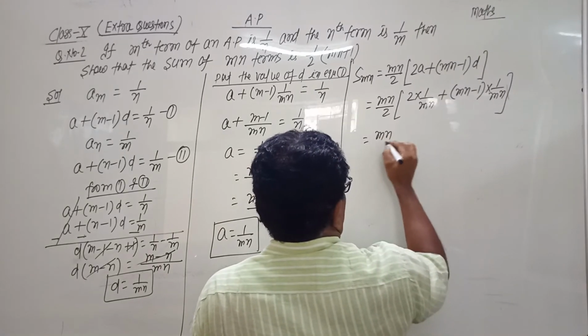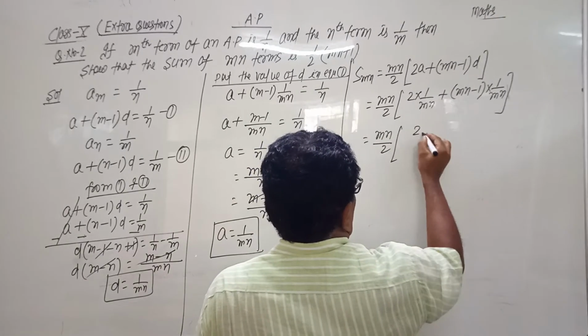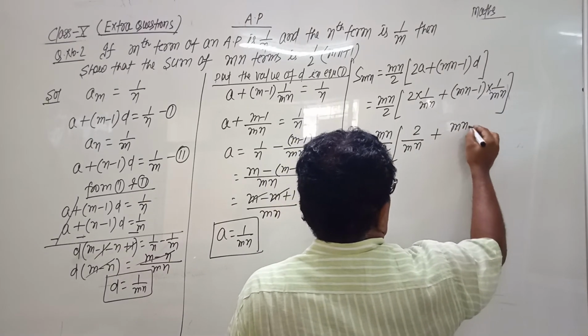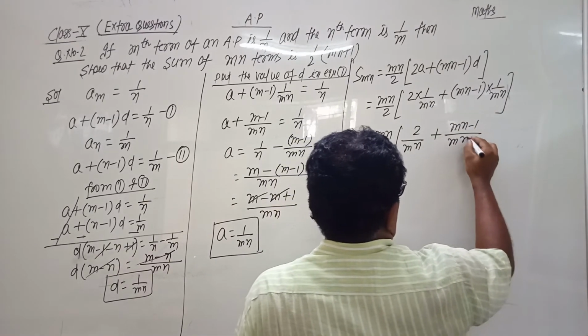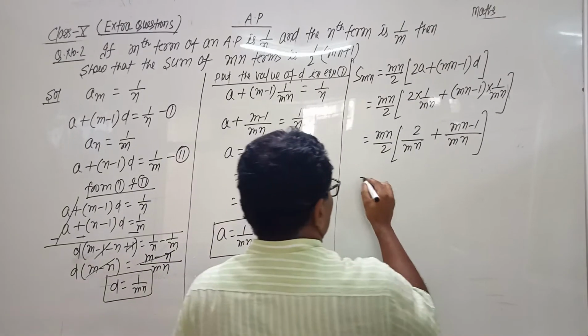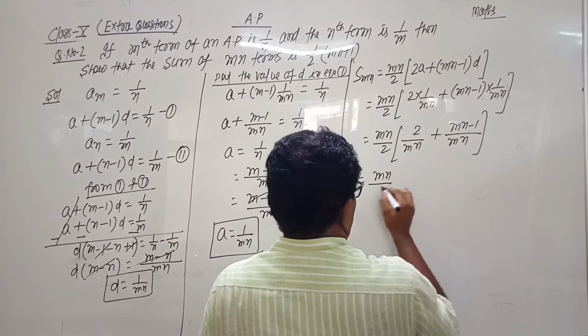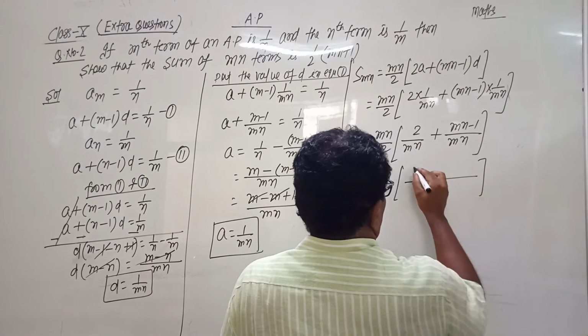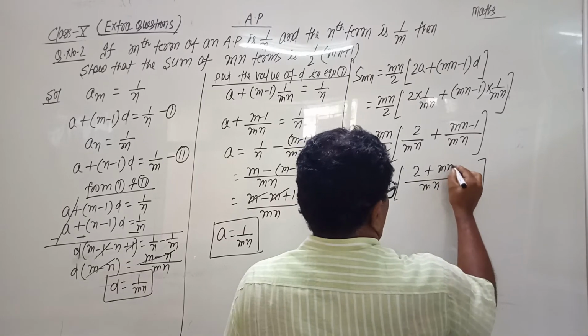So it gives mn by 2, 2 by mn plus mn minus 1 by mn. By taking LCM, mn by 2 into 2 plus mn minus 1 upon mn.